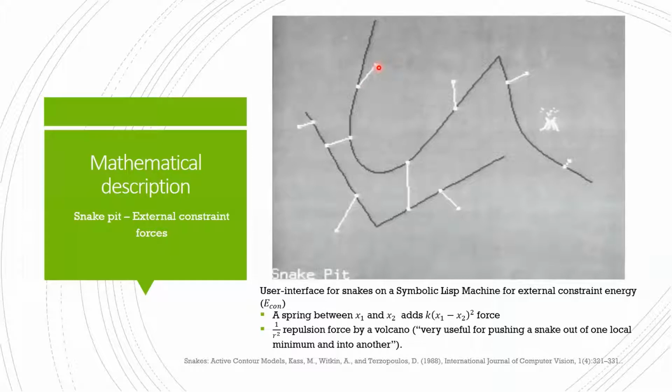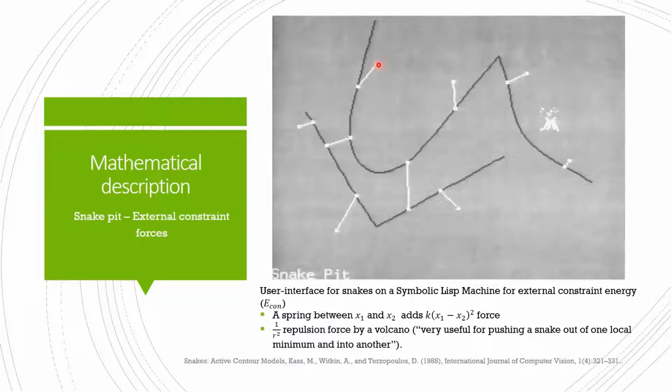A spring has two ends, like normal springs. One end can be attached to some position in the snake, and the other end can be attached to another snake, or to a point in the image, or the user can even drag those around using a mouse, and that's how the user can control the snake.